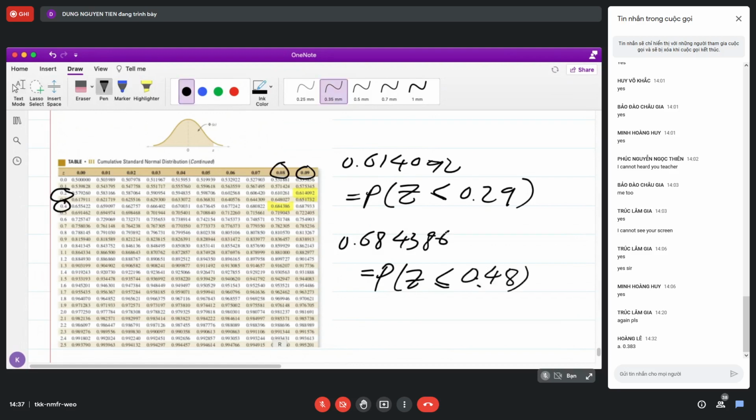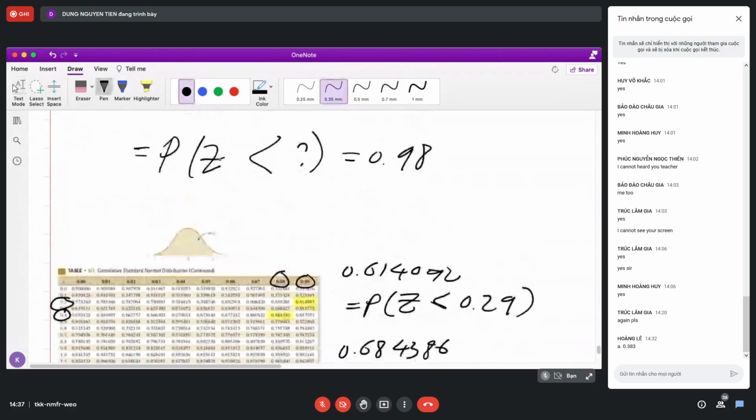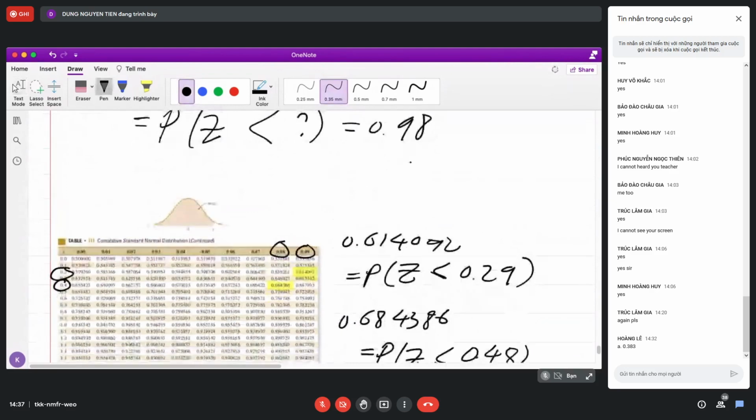Understand? Now I want to find the value such that the probability that Z is less than that number is 98%. So I look for 98%.